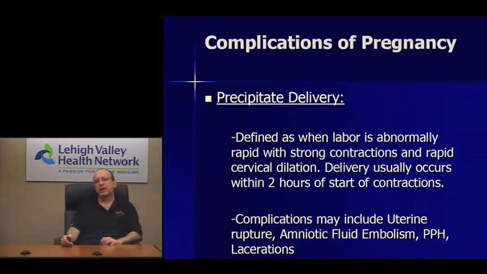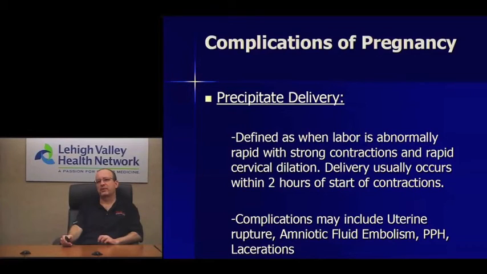So let's say we're picking up a mom at a referring hospital and she delivered in their ER, or maybe from a scene. So we want to think about the complications, say, you know what, this delivery happened within 30 or 60 minutes or less than 2 hours from the time the contraction started.